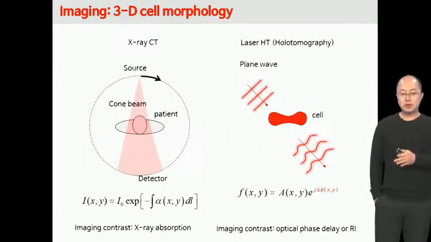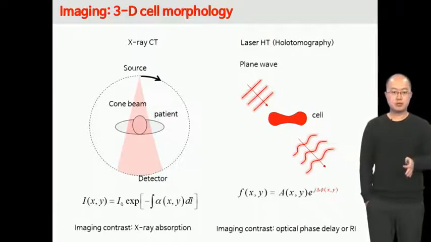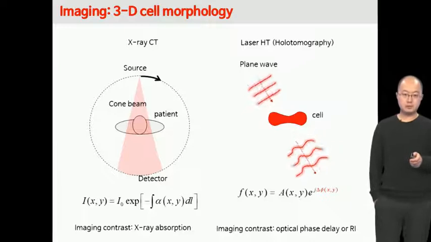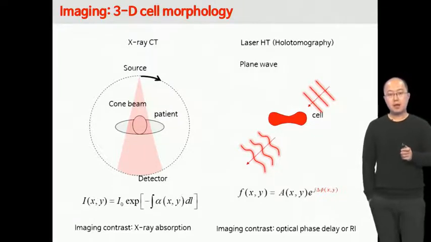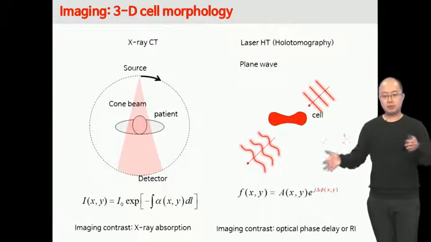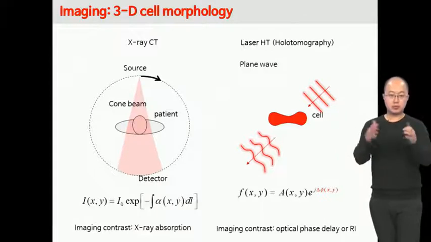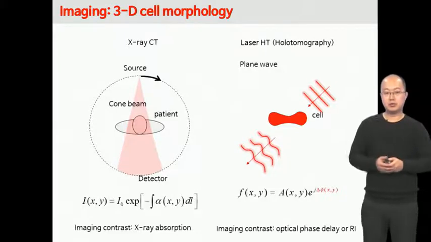The same principle can also be applied in the laser holographic microscopy system. By scanning the illumination angle of the beam and measuring multiple two-dimensional holograms, you can get information about the impulse and the response of the sample. The objective here is to reconstruct the three-dimensional distribution of refractive index.